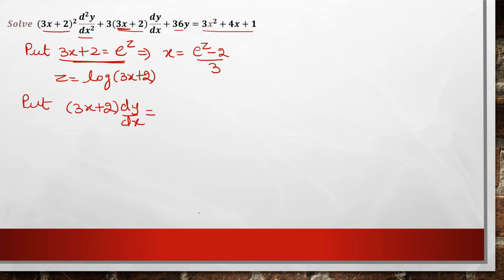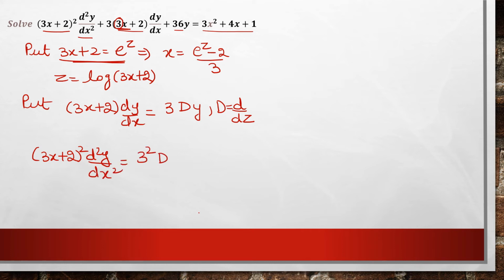B is the coefficient of x, so b is 3. So this will be 3 capital D y, and what is capital D? That is the derivative with respect to z. Similarly, (3x plus 2) whole square d square y over dx square will equal 3 square D(D minus 1) y, and capital D is the same as this, the derivative with respect to z.